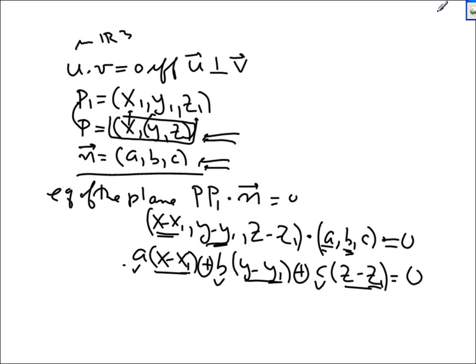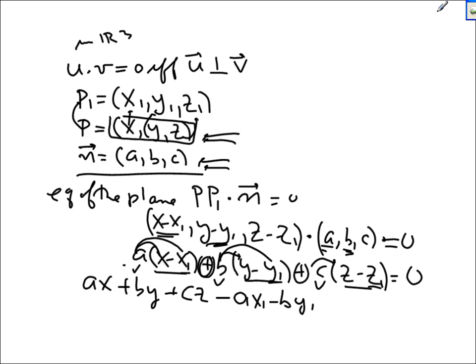Now you may say, but wait a minute, that doesn't look like the formula you just erased. Of course it does. Remember, A, B, and C are just numbers, and x1, y1, and z1 are numbers. X, y, and z are x, y, and z. That is, we do have A times x. We do have plus B times y. We do have plus C times z, excuse me. But we also have, it's going to be minus, but whatever. We have minus A x1, which is a real number. And we have minus B y1, which is a number.